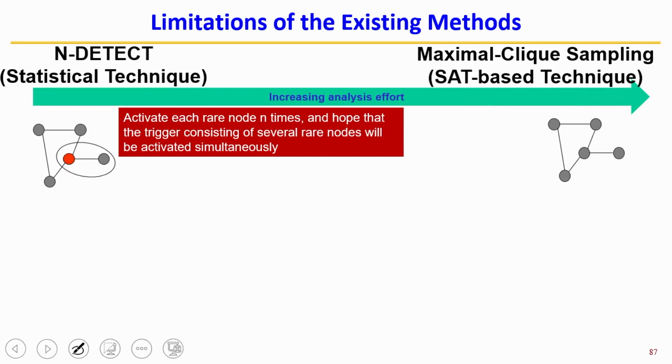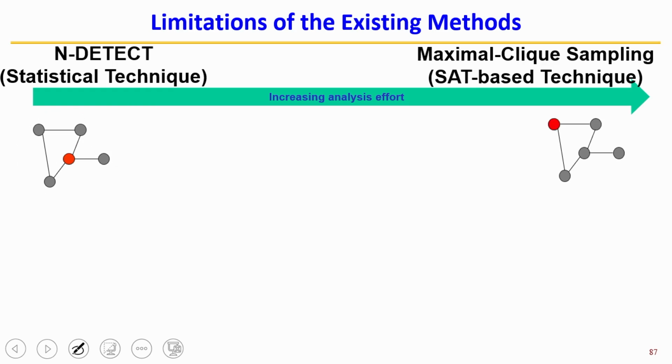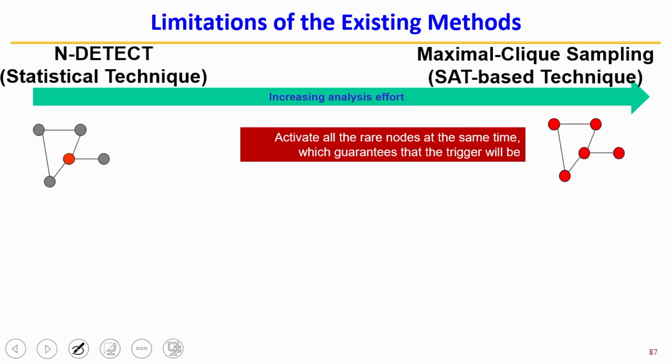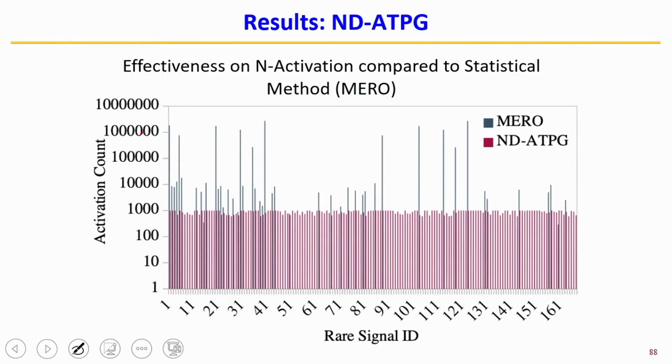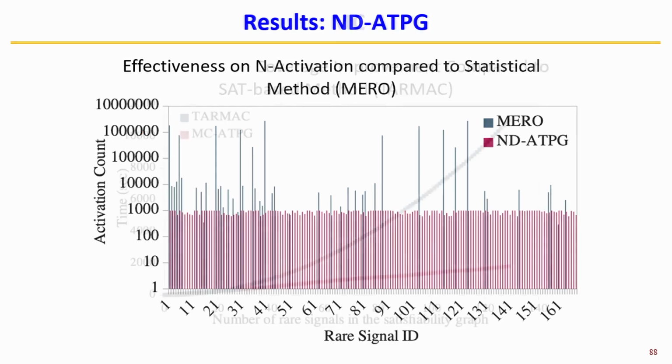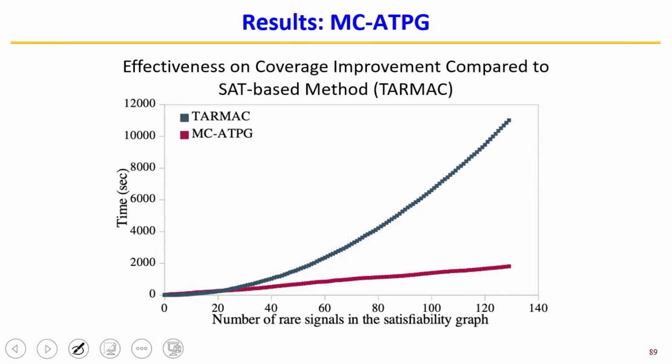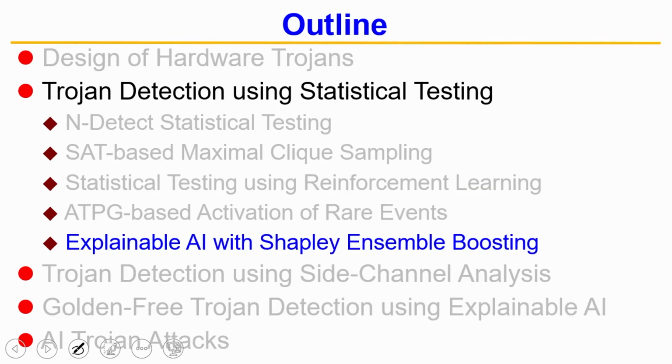So, when you do one at a time, this one activates, these two, maybe this, and when you activate n times, it is trying different combinations. On the other extreme, you try to activate all of them, or the clique, and then hope that the trigger would be activated. We talked about these results already, why blindly statistical would not work, and the scalability for clique covering.